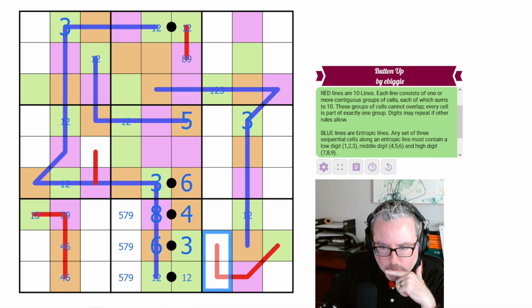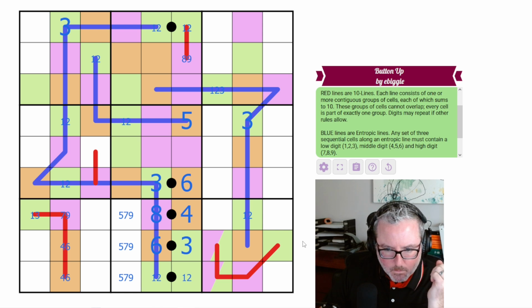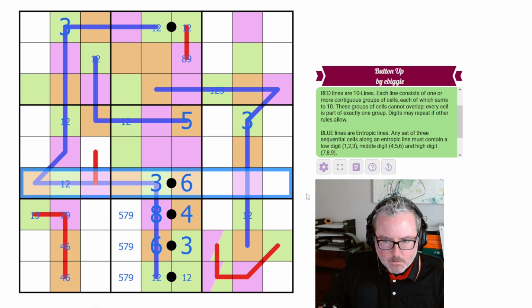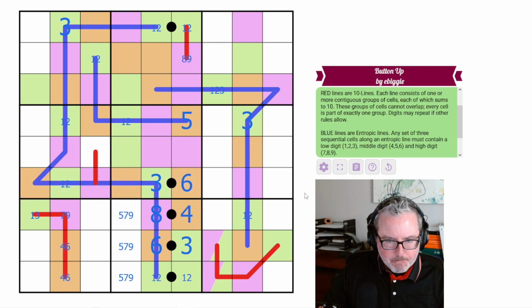Which one is which? I don't know that we can determine that. At least not yet. What else do we have? And do we really need to just start putting in digits? Or do we want to try to finalize our coloring?